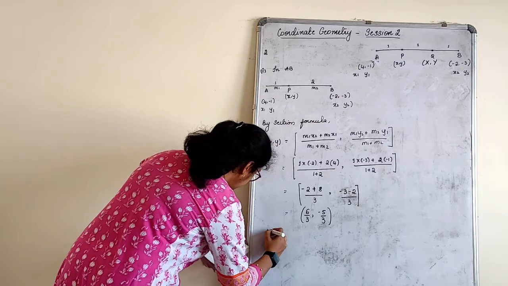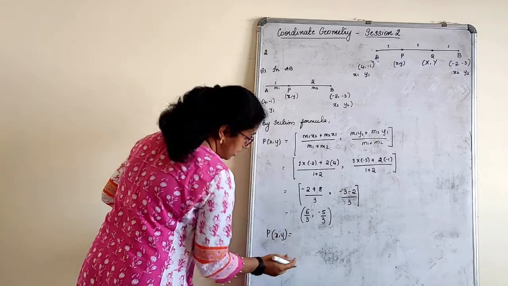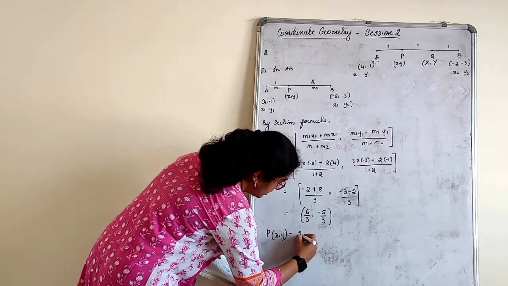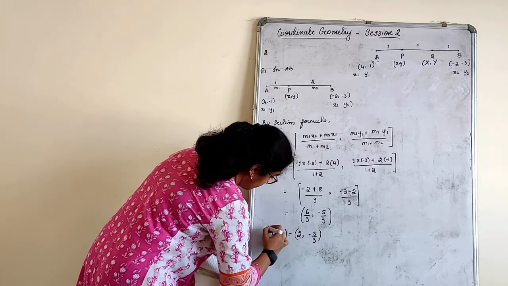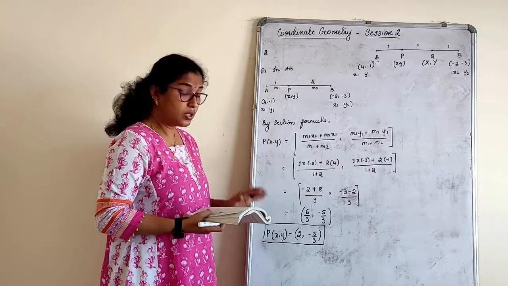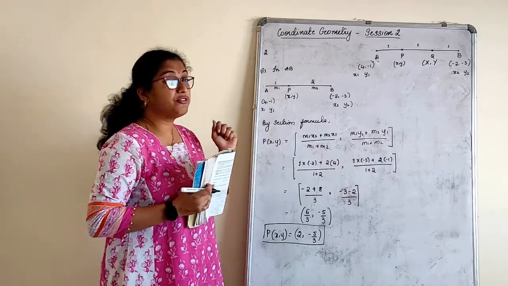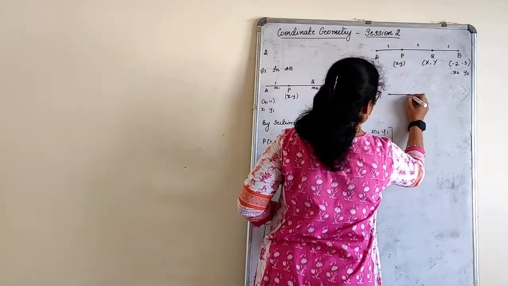So I can say coordinates of P, x, y are 2 and 1 by 3. Okay, one coordinate we found now. Now look at the second one. I have to find the Q coordinate, children. I'll just explain this first.